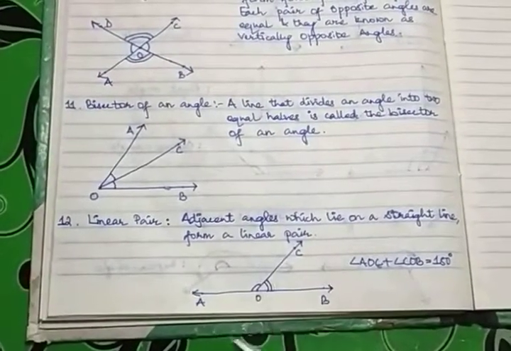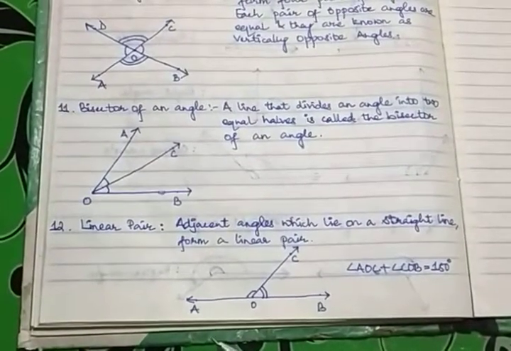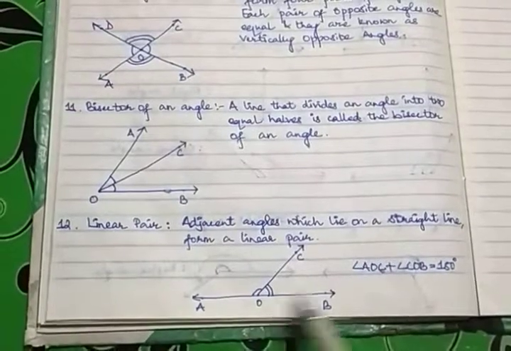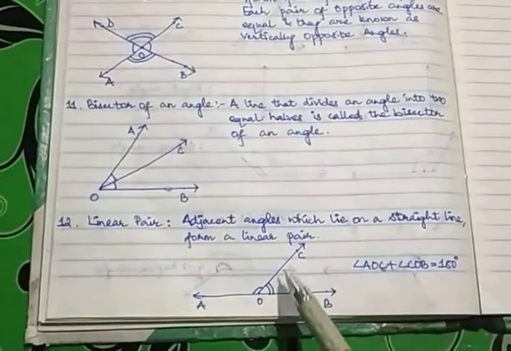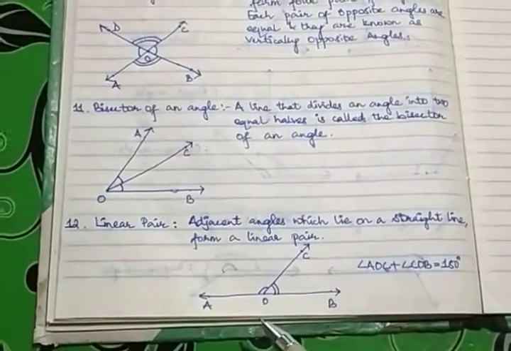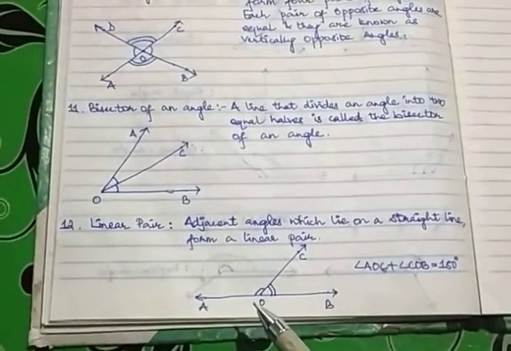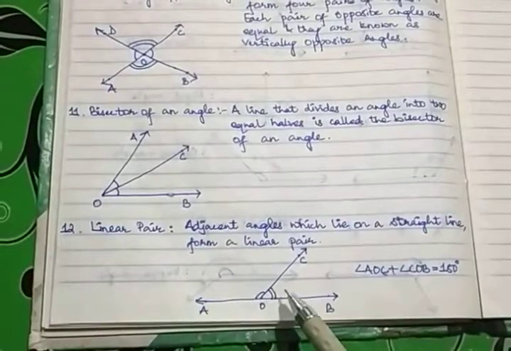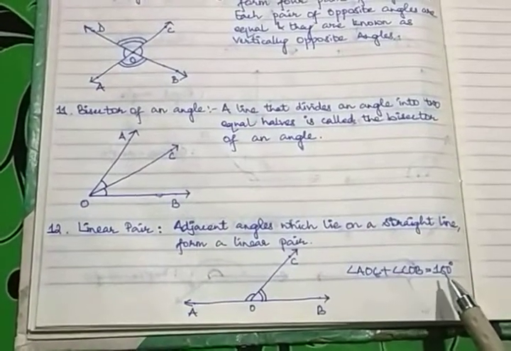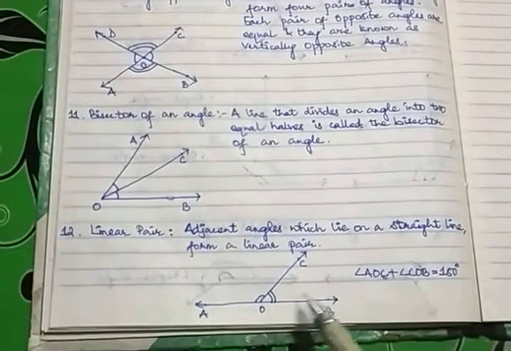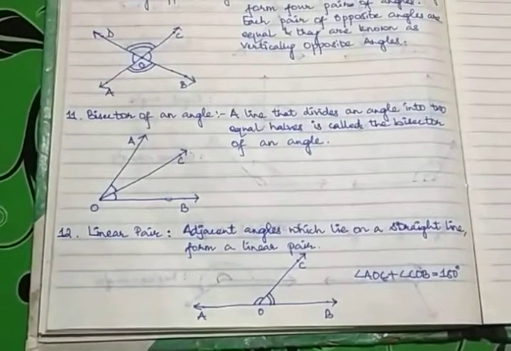You can just look at the figure and predict that as well, because AOC is an obtuse angle, BOC is an acute angle, isn't it? So how can they be equal? Obtuse and acute. But when we add these two and they form the total, they will give up to 180 degree. At that time those two angles are also known as a linear pair.